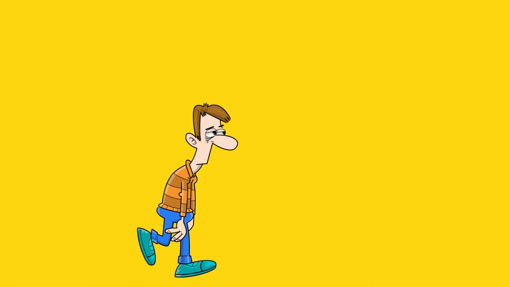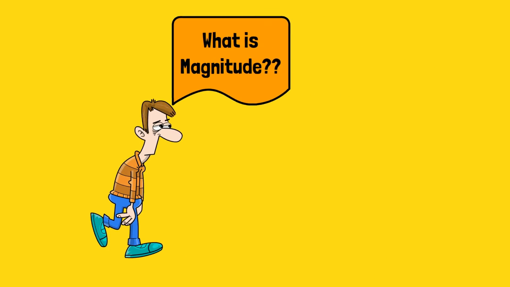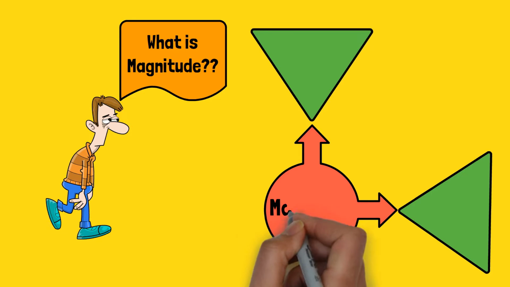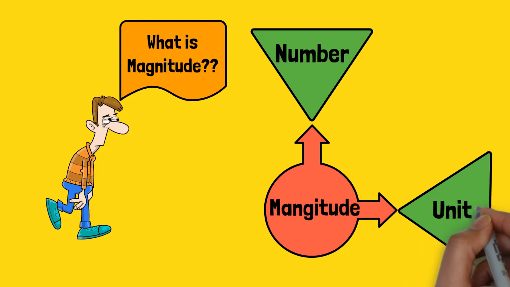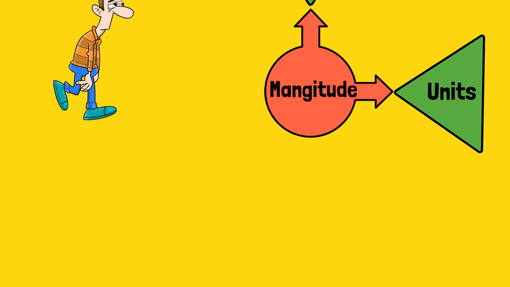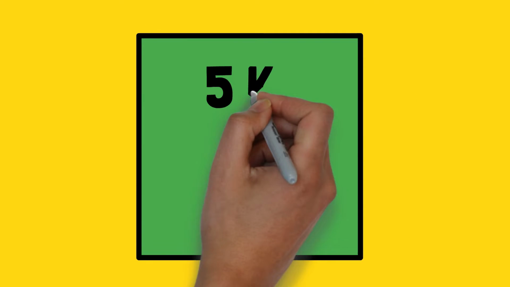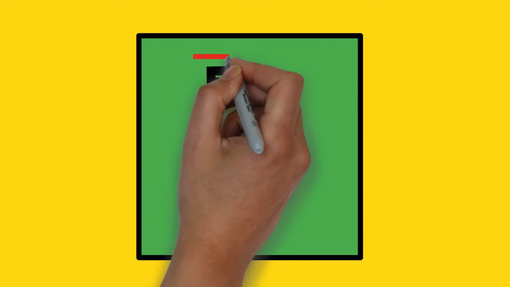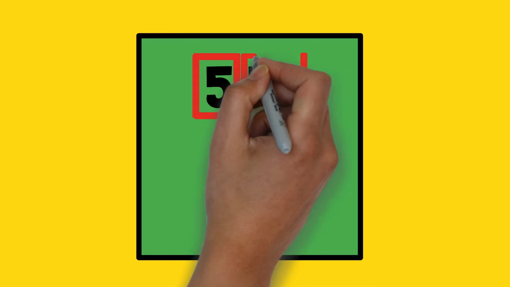Before proceeding ahead, let us first understand what magnitude is. Magnitude consists of two parts. The first part is a number and the second part is a complete unit. For example, 5 kilogram is a magnitude which consists of a number 5 and a proper unit, kilogram.